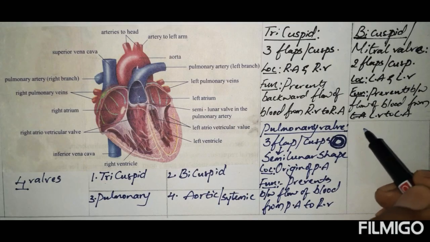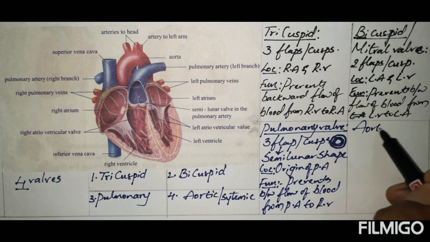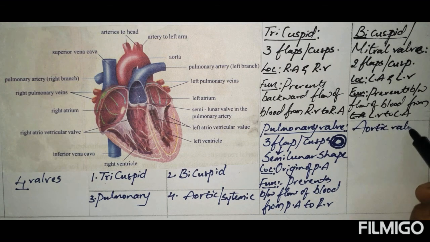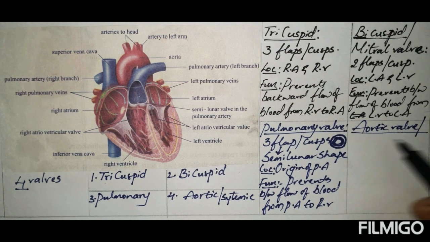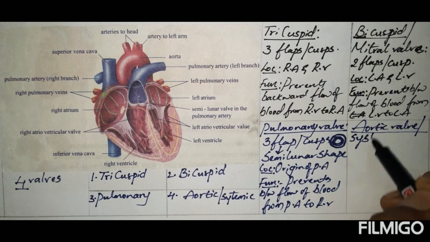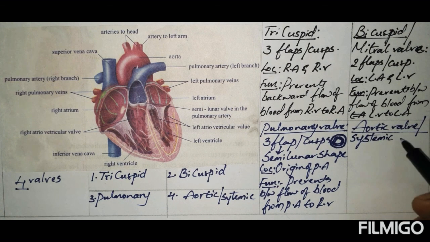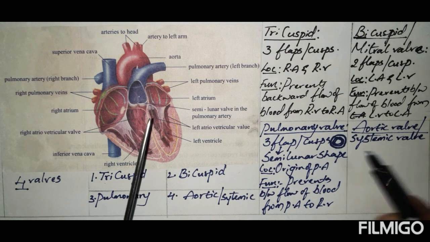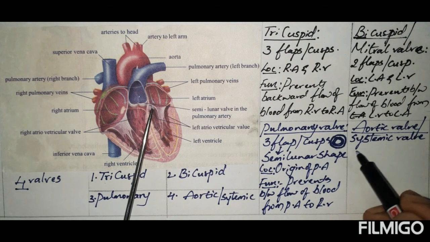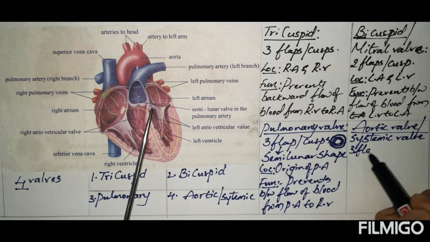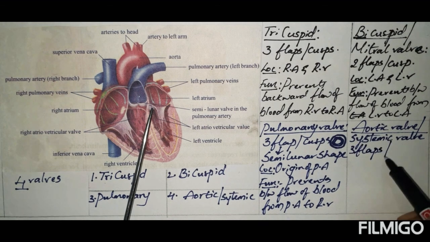Coming to the last valve, aortic valve, also known as systemic valve. Even this valve is made up of three flaps or cusps.